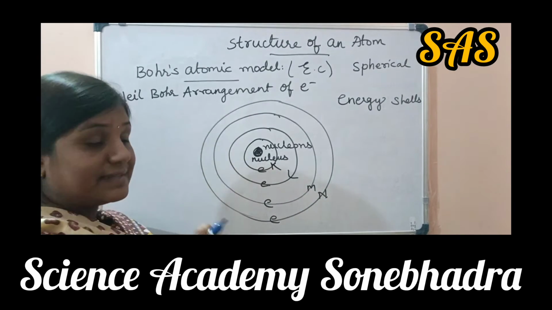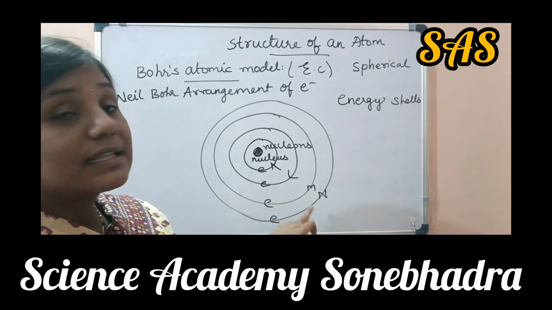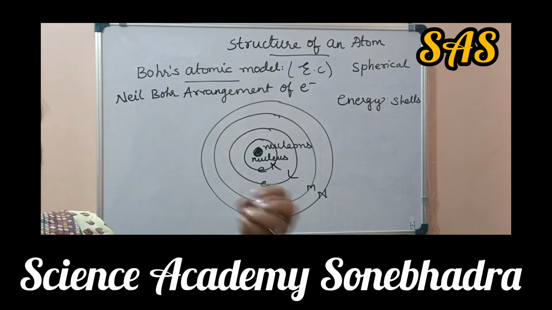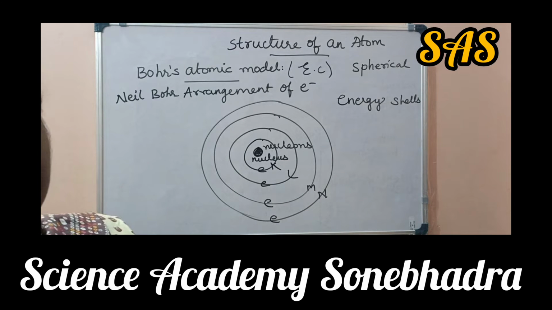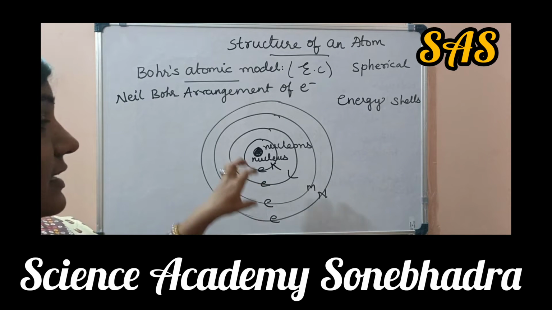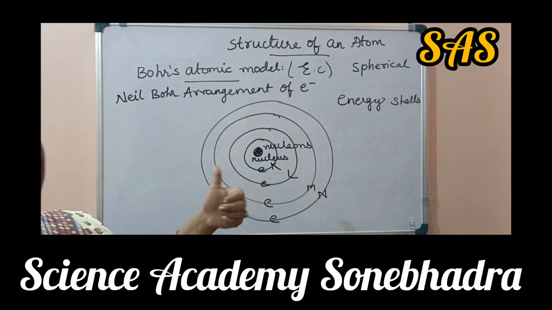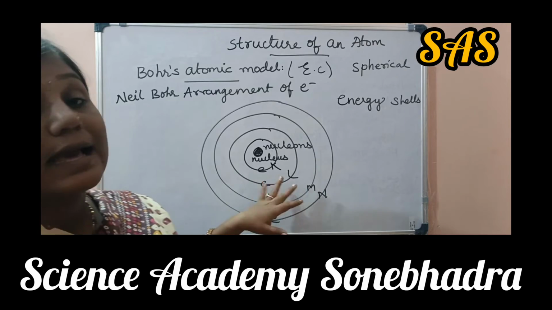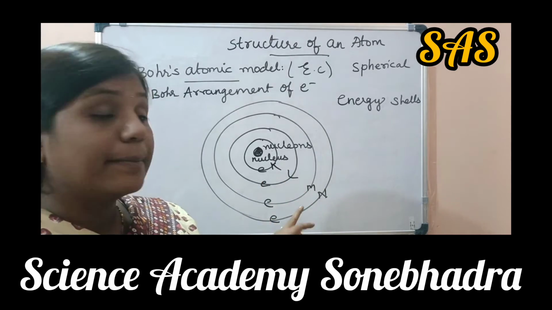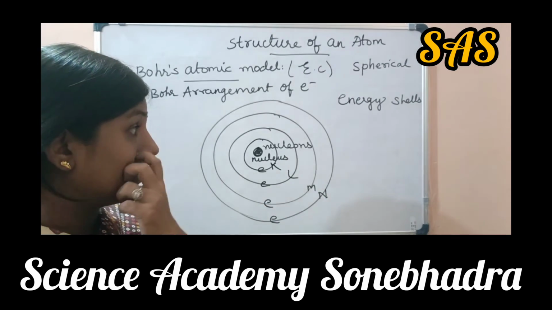Now the question arises, how many electrons are there in an orbit? Is it an indefinite number of electrons? How can you judge how many electrons are present in a definite orbit? That means in K shell how many electrons are there? In L shell how many? M how many? N how many? How to find it out?